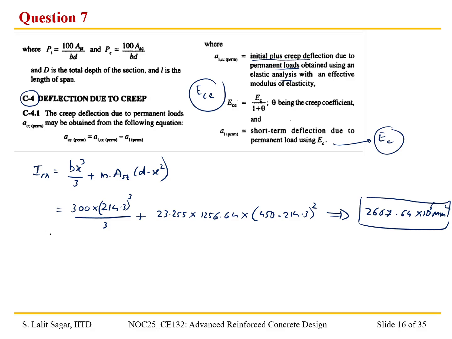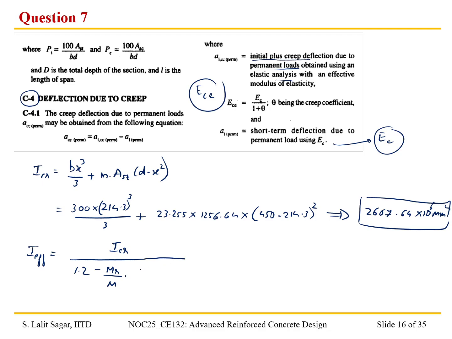Now we need to find out the value of the effective moment of inertia, right? So we have the value of effective moment of inertia, or I effective, that is equal to ICR or IR, depending on the notation, divided by 1.2 minus MR divided by M. Okay, so this is the crack moment, right?